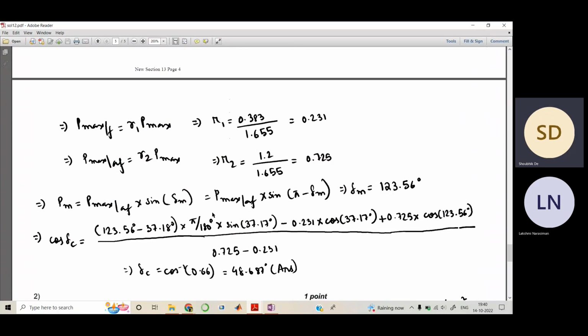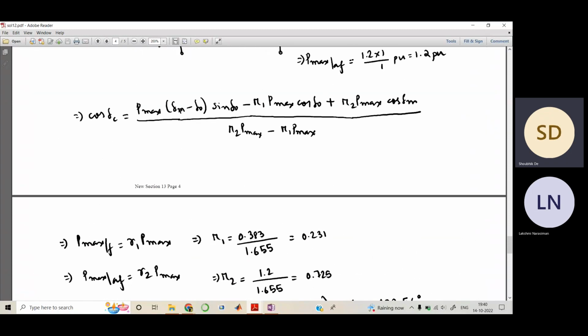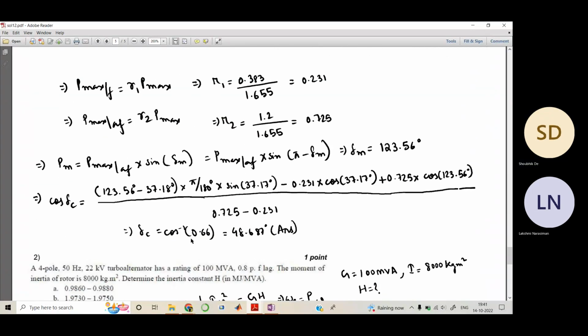Now we substitute every term, since we know each of them: delta 0, delta M, Pmax, R1, R2. Pmax gets cancelled anyway. And we finally get the critical clearing angle, which is 48.687 degrees.